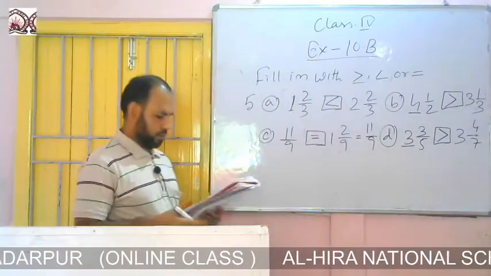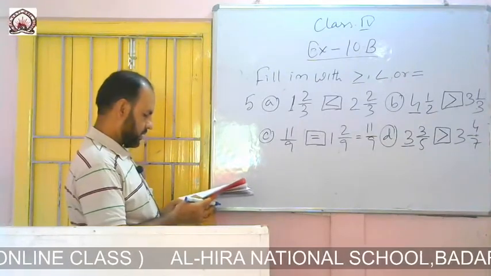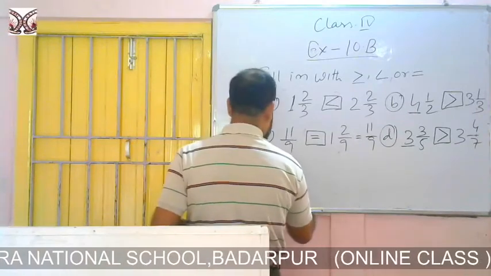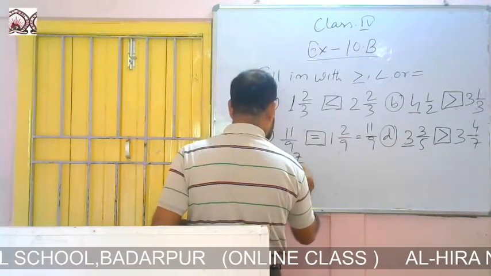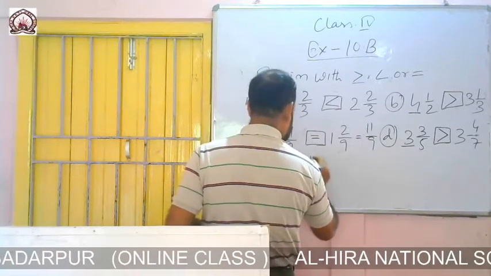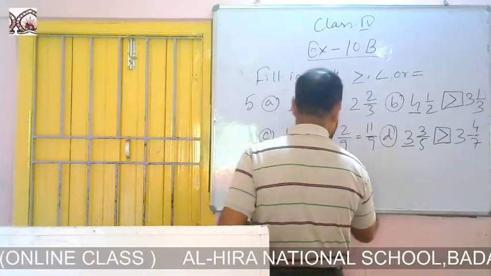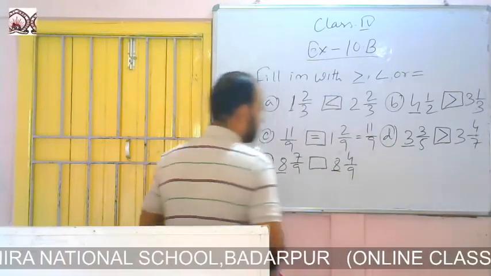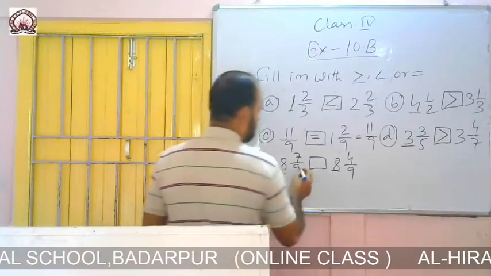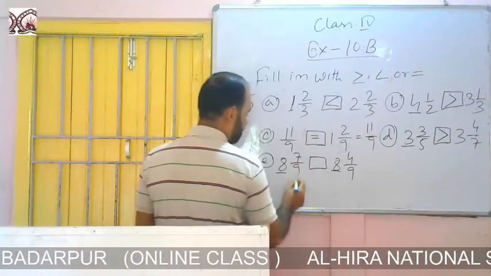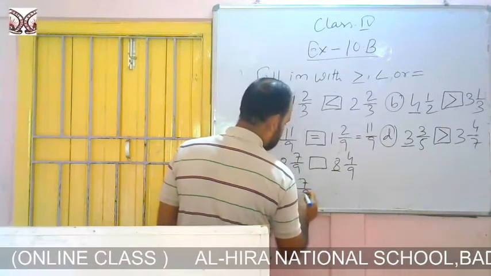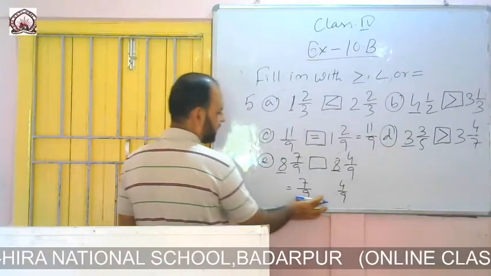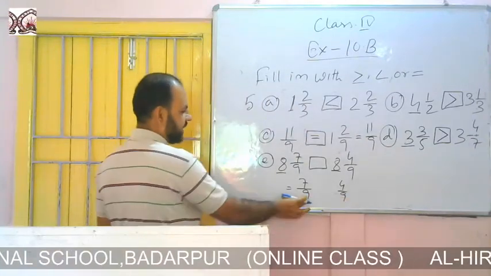Next, question number E. 8 7 by 9 and 8 4 by 9. Here also both integral parts are same. So now we compare the fractional parts. Here the fractional part is 7 by 9, here it is 4 by 9. So now see, both fractions are like fractions. Here 9, here also 9.